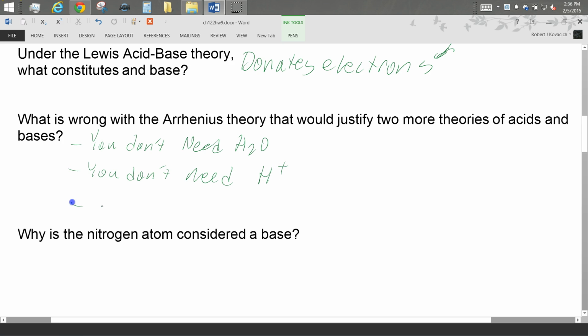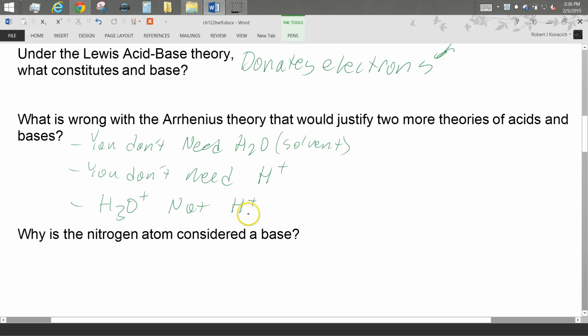Anything else? There's no H plus floating around in any waters ever. That's a hydronium ion.